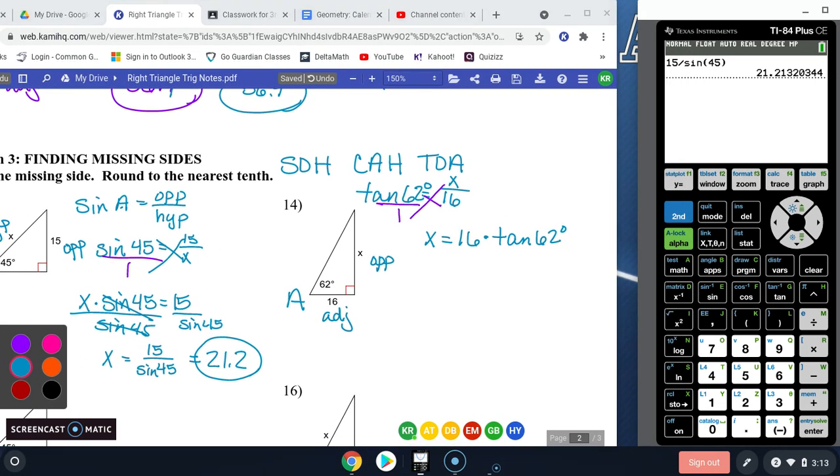Look how this equation turned out. I'm not going to have to divide by anything, just x equals 16 times the tangent of 62. Again, just use the regular tangent button. You don't need the inverse. And then x is going to be about 30.1 units long.